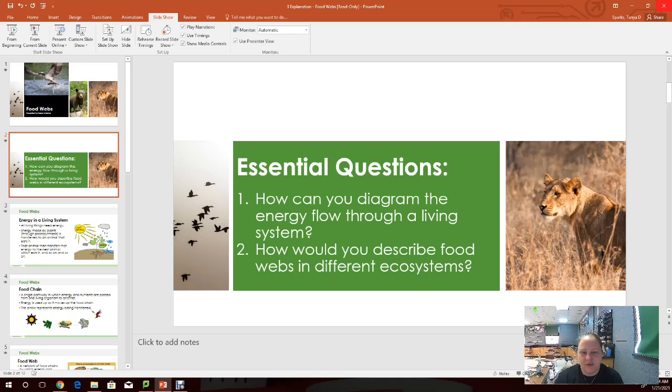Grass might go to the cow, the cricket, and the rabbit, and then the cow can go to wolves or bears or us, and the cricket can go to frogs and birds, and those can go to even bigger birds like hawks and eagles and other predators. It just builds upon each other. A food web is more than just one single straight line.